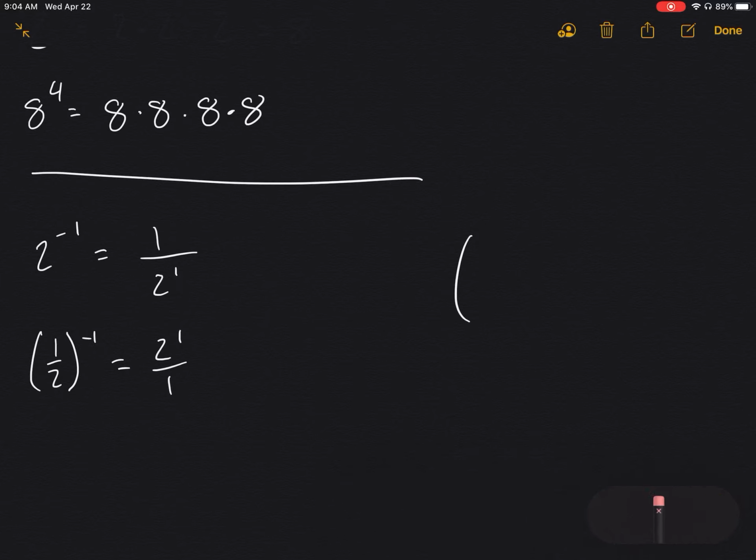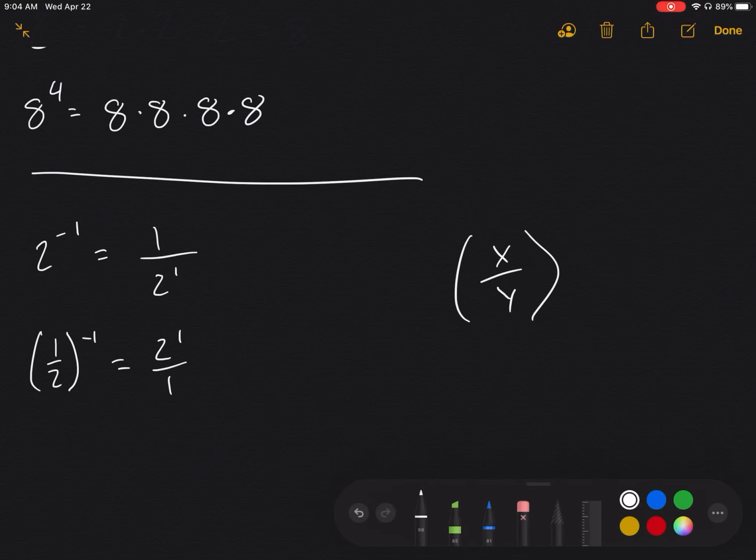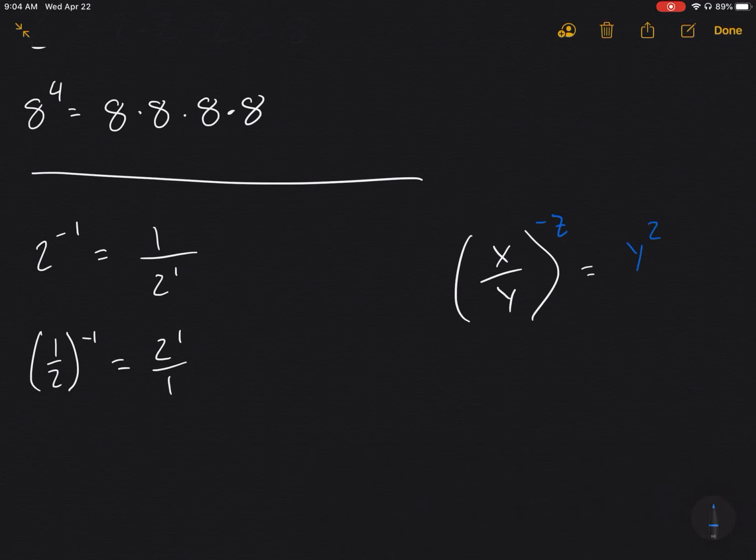I'm going to write a somewhat generic formula, and hopefully you are okay with that. If I raise x over y to the negative z power, then that's equal to y to the z over x to the z. If you're looking strictly at the numerical value of the exponent, you don't think about the negative at all, right?